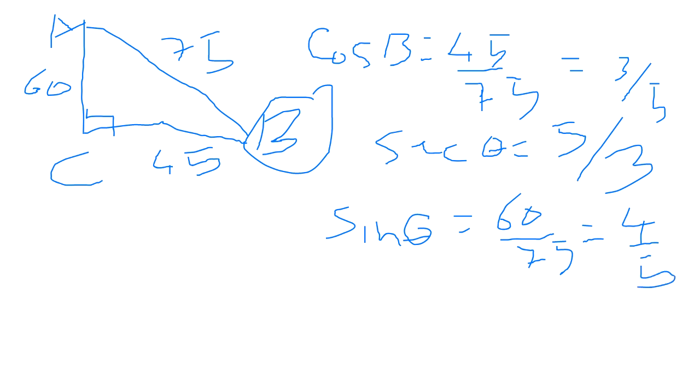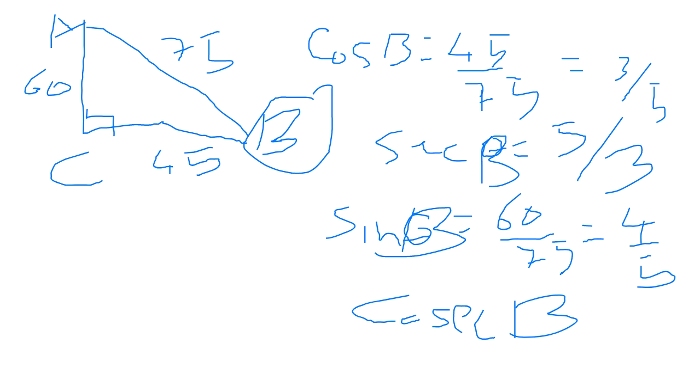So cosec theta, no, sorry, it's B. Sin B, I'm so sorry. Here is B. We are looking at angle B. So cosec B will be the reciprocal of sin. It will be 5/4.